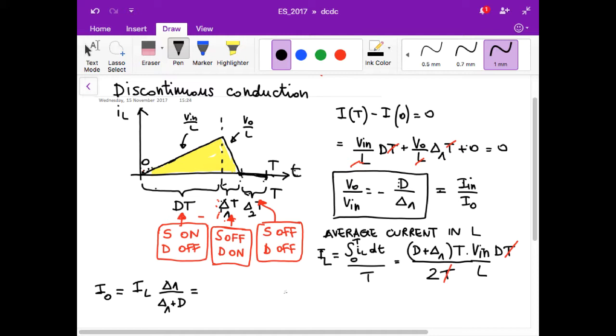So if we do the substitution, we have something like this. Let me write here delta 1 times T over 2 V in over L times D.